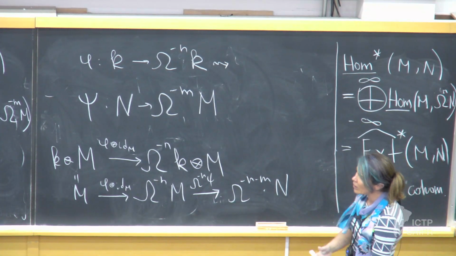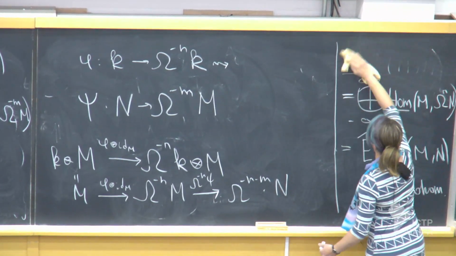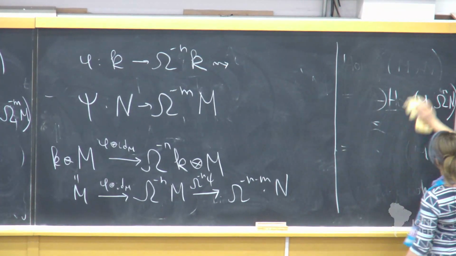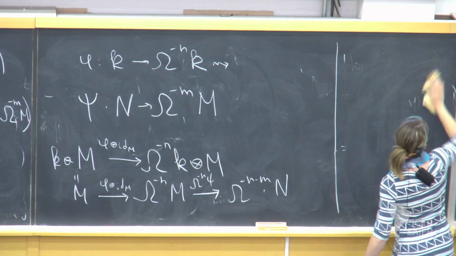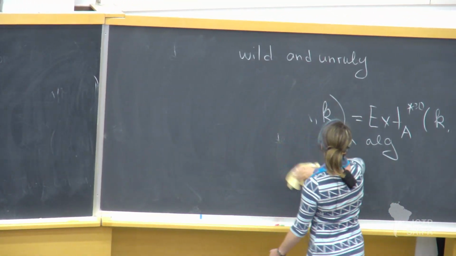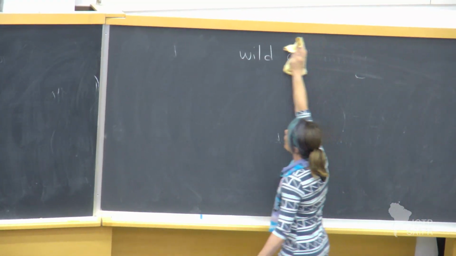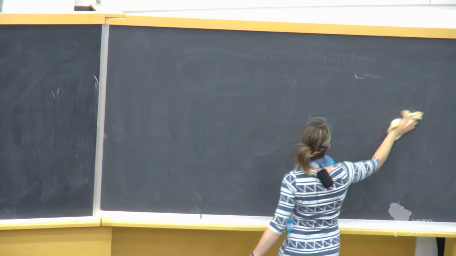But in a triangulated category, we often don't even think about applying shifts. They're so natural there. Okay. So that's the goal, to try to study this complicated category via the action of H star AK.